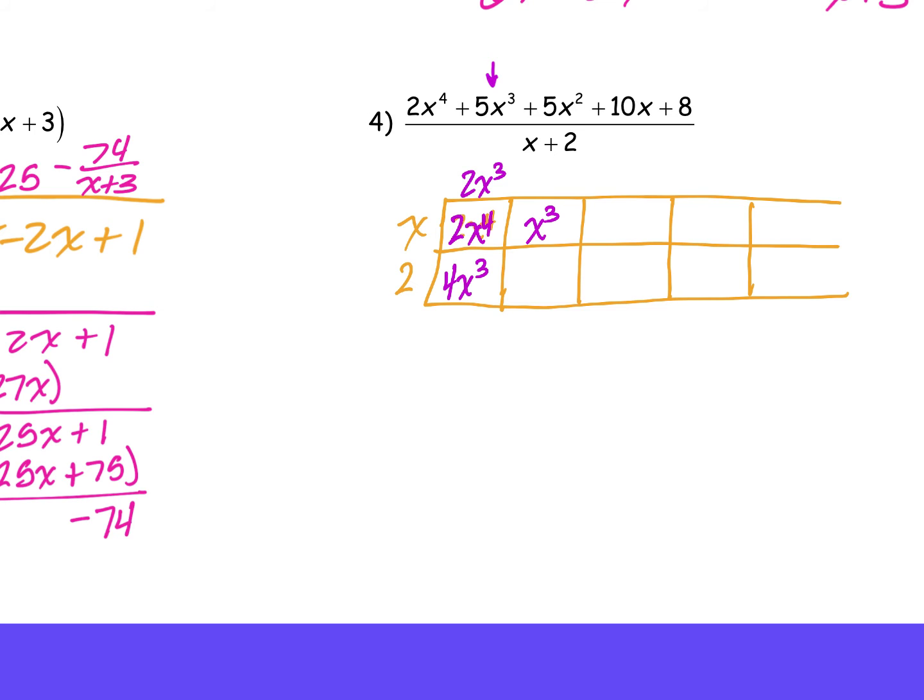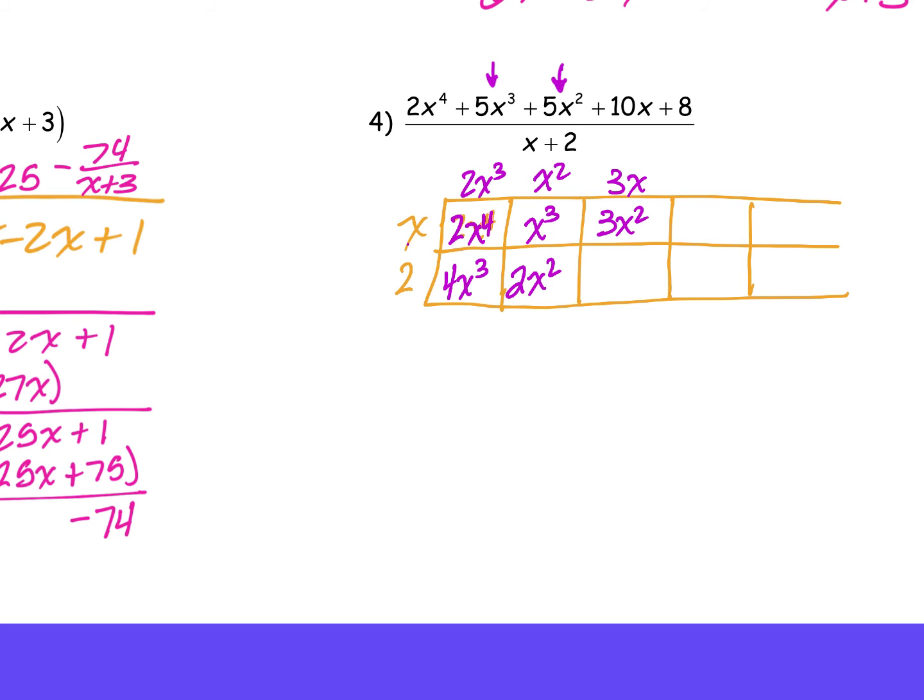Okay so far? Yeah. x times what gives me x cubed? x squared. And x squared times 2 is 2x squared. What do I add to 2x squared to give me 5x squared? 3x squared.